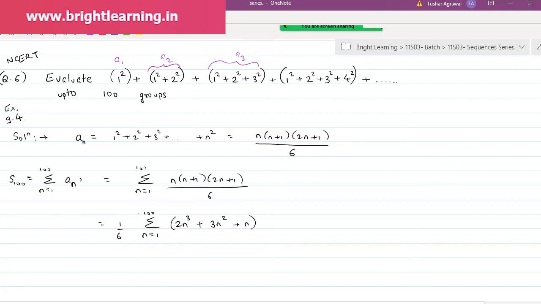And then by splitting, you can calculate the summation. Summation of cubes of first n natural numbers, that formula you have. What is the formula? You simply take the summation of natural numbers and its complete square, that is 1 plus 2 plus 3 plus 4 up to 100, its complete square. Summation of n square formula also you know, summation of n formula also you know. You can calculate. Okay.